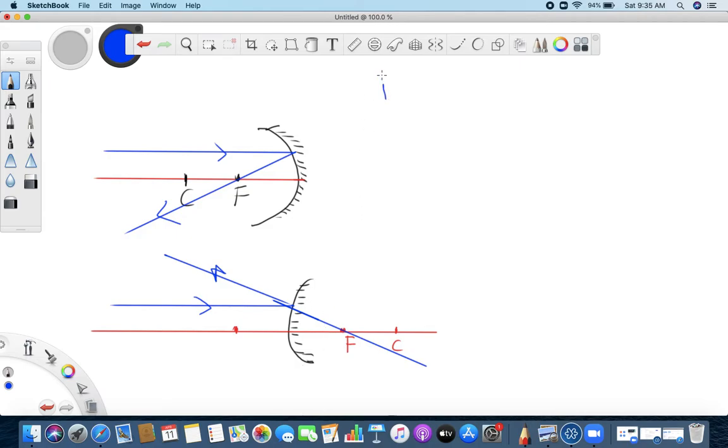So the first rule we learn: when an incident ray is parallel to principal axis.